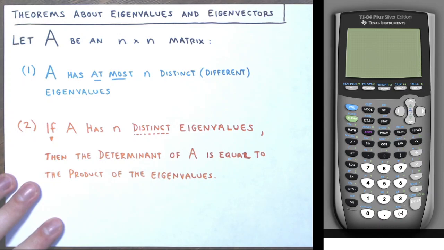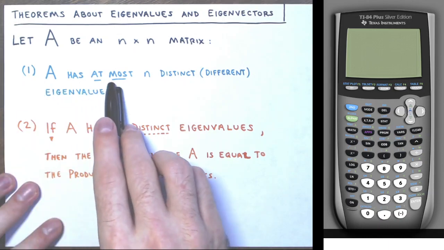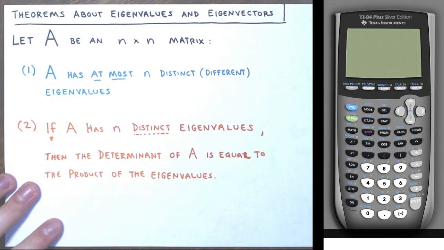This is where you don't count repeats. A 3x3 will have at most 3 different eigenvalues. If there are any repeats, you don't count them twice. You can have eigenvalues with multiplicities higher than 1, just don't count that eigenvalue more than once when you're counting distinct eigenvalues. So A has at most n distinct eigenvalues.